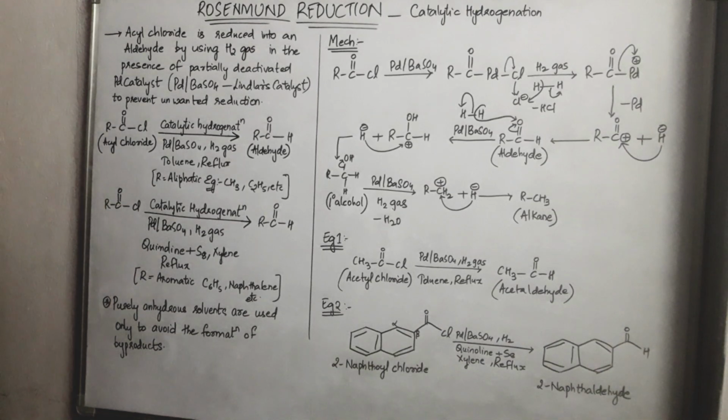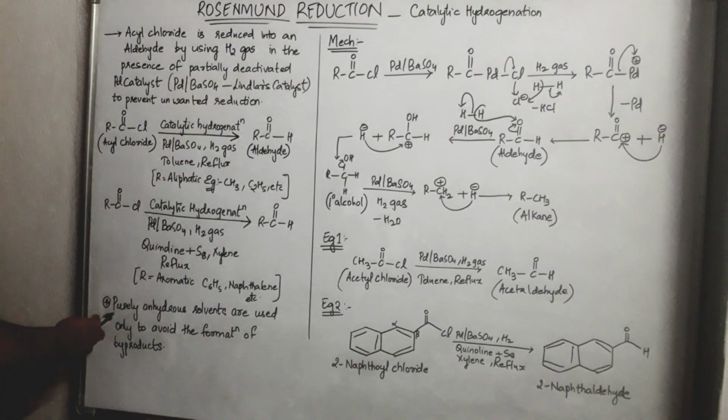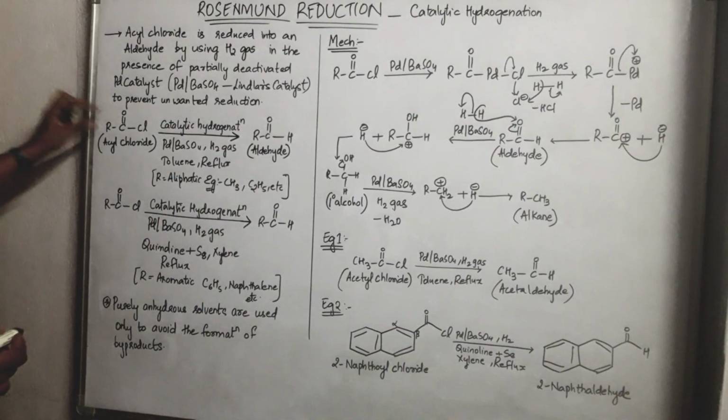So in order to prevent the formation of all those byproducts, the two main conditions that we need to follow while undergoing Rosenmund reduction are, first, we need to use partially deactivated palladium catalyst, and then we need to do this reaction using purely anhydrous solvents, which are toluene as well as quinoline. Based on the alkyl group R, we will be using the solvents.